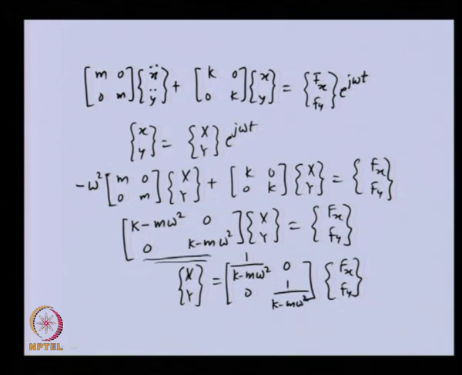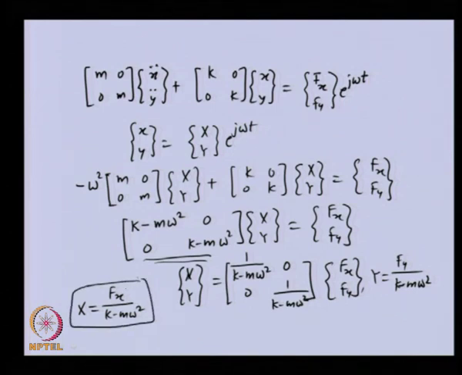Now you can see that we have x is equal to fx divided by km omega square, and y also we can write here fy divided by km omega square. So this kind of expressions earlier we obtained, in which fx was me omega square.